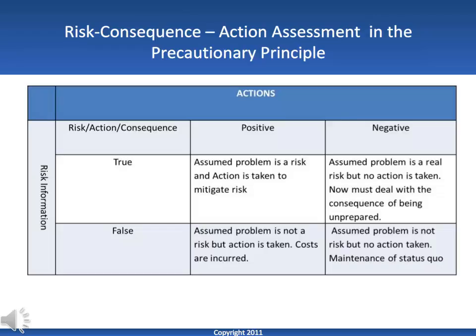In the positive true case, the problem is assumed to be a risk and the action is taken, and the results are assumed to be positive for the acting country, or put another way, the risk is mitigated. As I said, the vertical axis presents a threat assessment based on the risk information that you have. Is the risk real, or is the risk true?